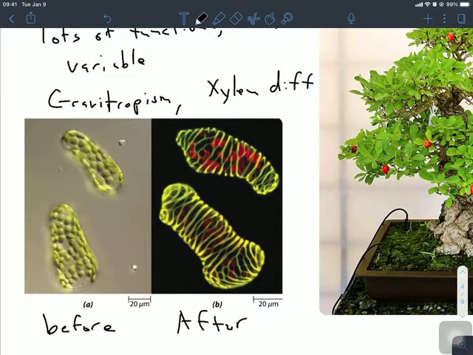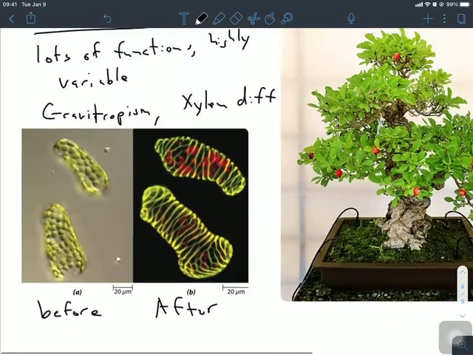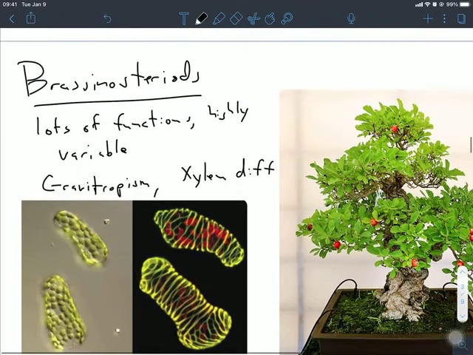These are protoplasts. They don't have cell walls as of yet. But after the expression of different brassinosteroids, they start developing these beautiful ringed cell walls around the cells because they're differentiating into tracheids. And brassinosteroids are commonly associated with that and the region of maturation.